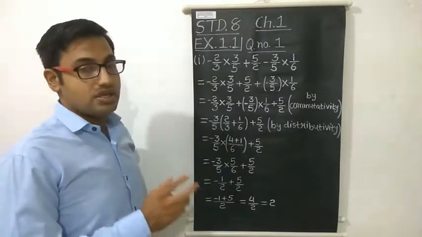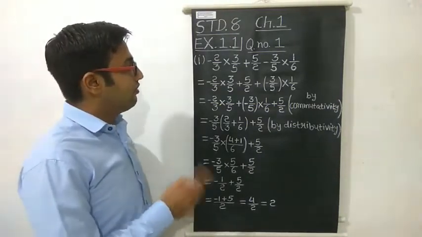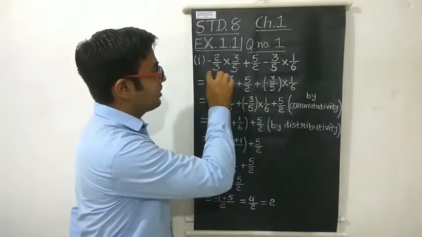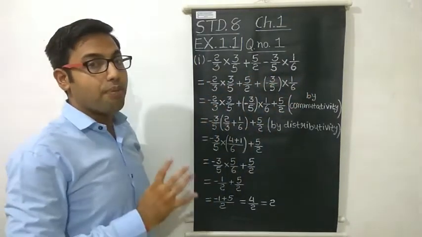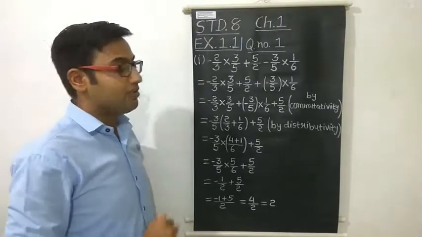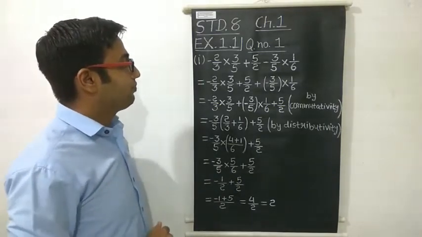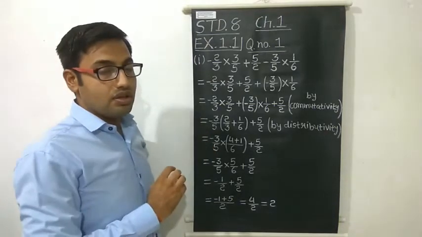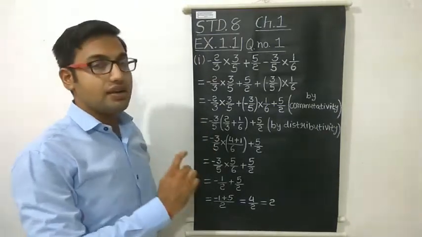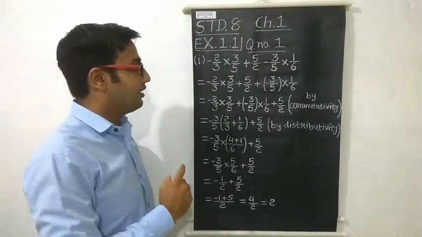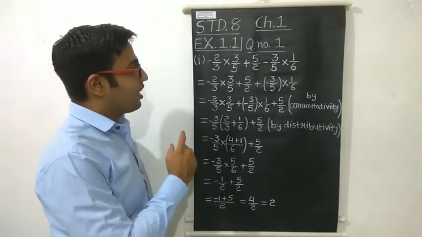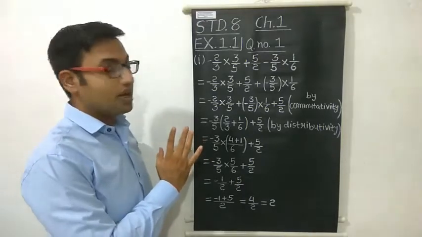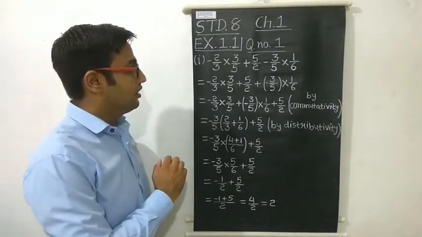Right? So what is the question? We have to simplify this using the properties that we have studied in the previous classes. Before we start to solve this sum, one thing must be clear in your mind: first of all, you have to decide how many terms are there in the given question.